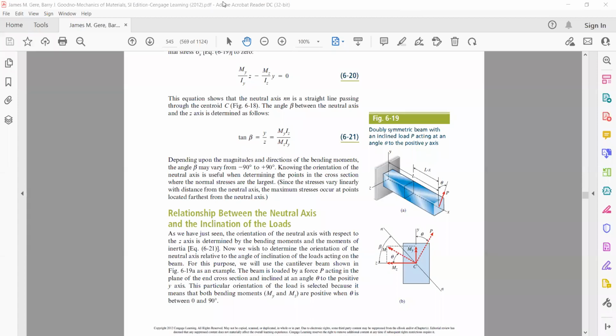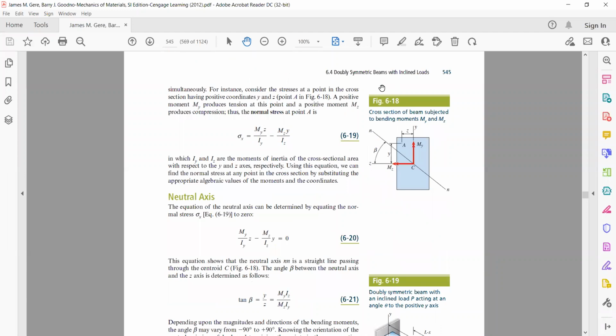Now, an important relationship is to be established between the neutral axis and the angle of inclination of the load. That is something interesting for us. Why are we doing it? We are doing it because we need the results.